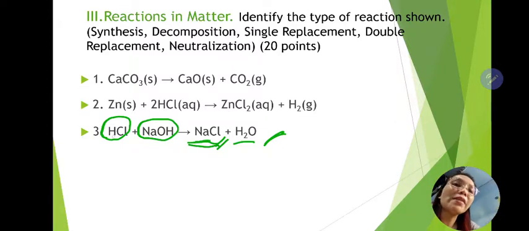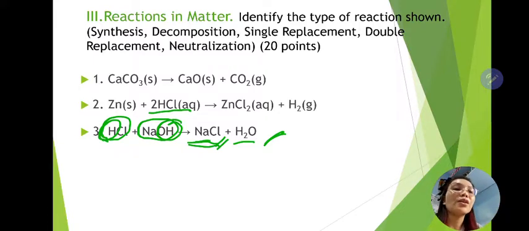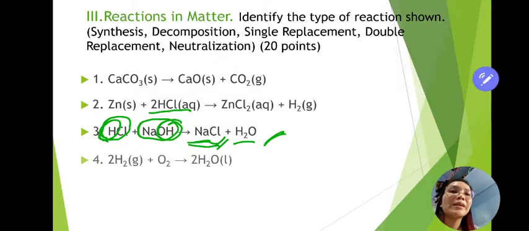If you see, we have an acid because of the H, the proton, and OH for the base or hydroxide. In the previous reaction, we cannot call it a neutralization reaction because although hydrochloric acid is present, we have no base to neutralize our acid. Okay, so number 3 is neutralization reaction.